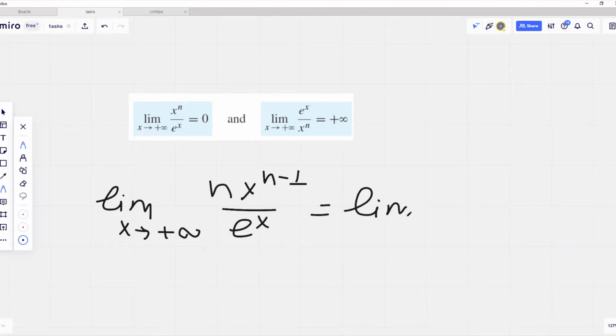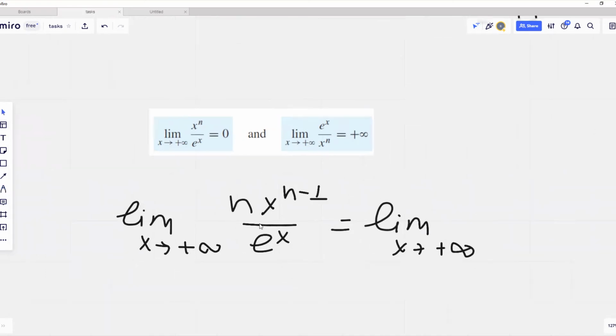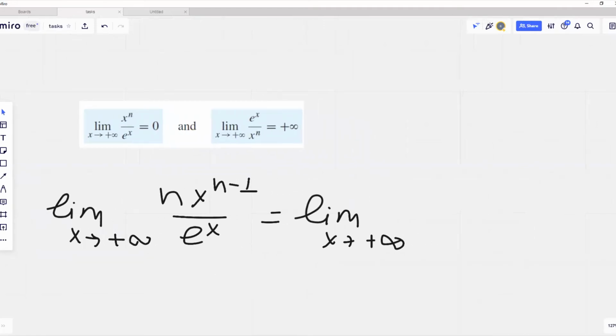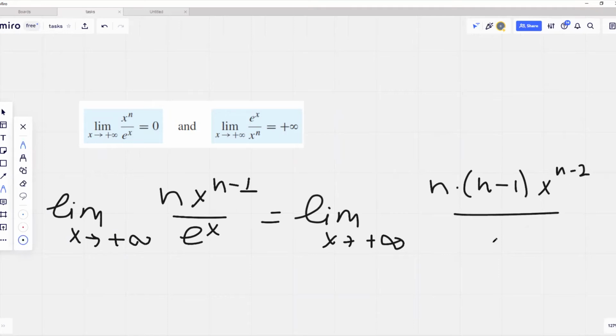So small note here: if using L'Hopital's rule once doesn't work out, and you have a limit of indeterminate form of 0 over 0 or infinity over infinity again, then you can use L'Hopital's rule one more time. Then we have n multiplied by n minus 1, x to the power of n minus 2, and e to the power of x in the denominator.